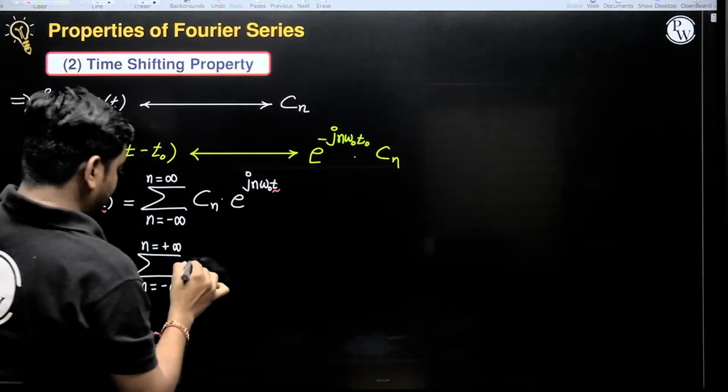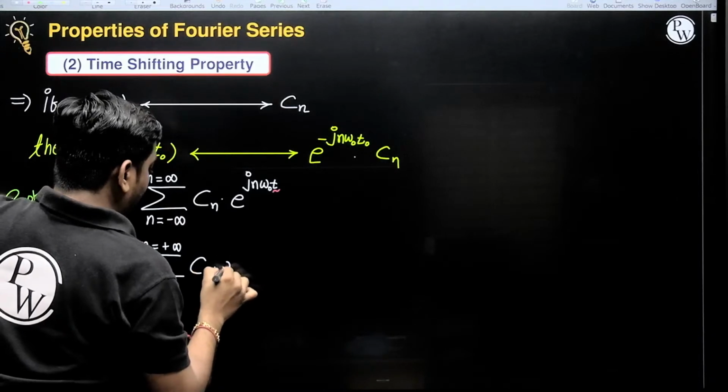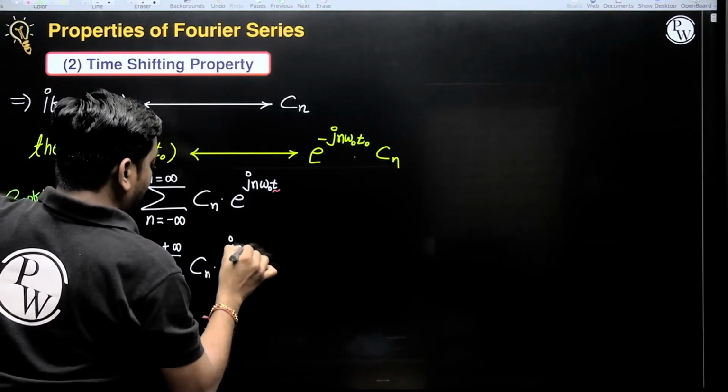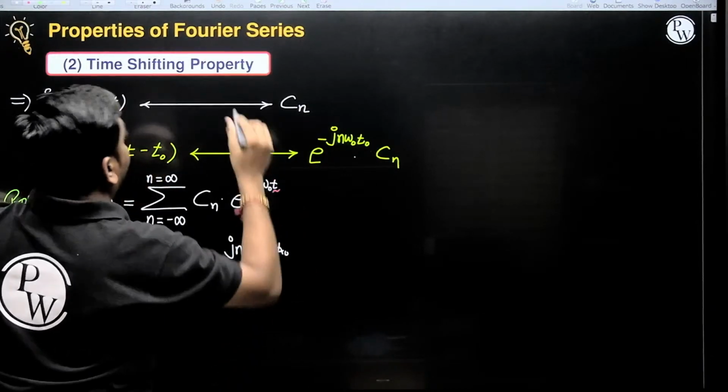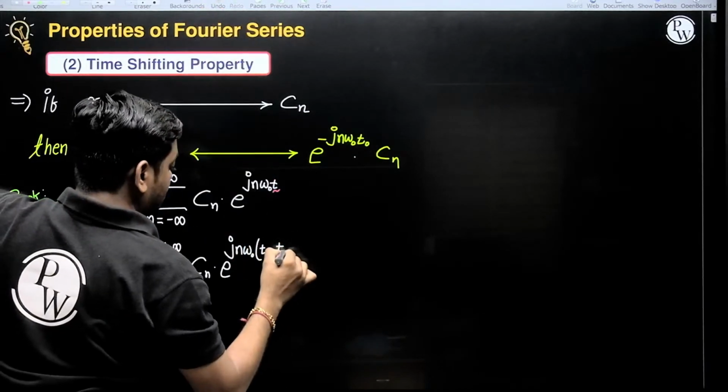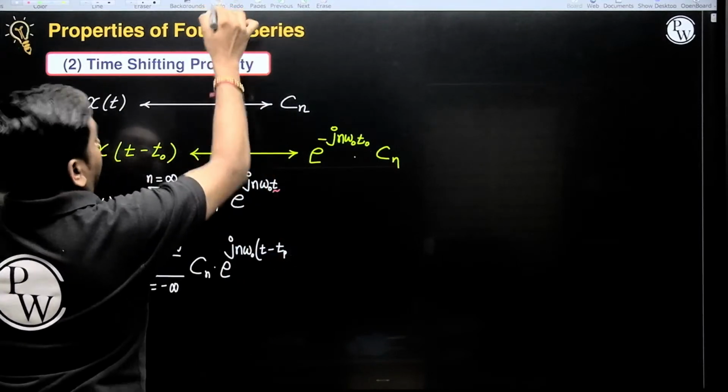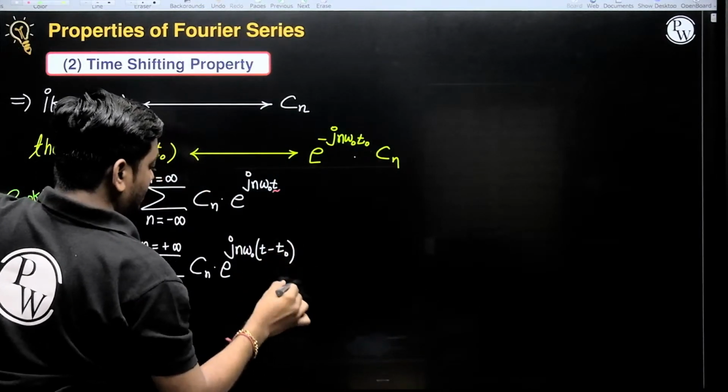So here it will be Tn into e to the power j n omega 0 (t minus t naught), correct?